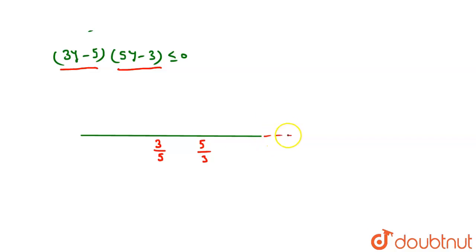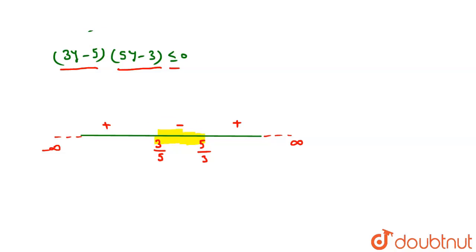Now this side is infinity, and here suppose this is minus infinity. From 5 by 3 to infinity, this is positive region, 3 by 5 to 5 by 3, this is negative region, and minus infinity to 3 by 5, this is positive region. Now here we can see that the inequality sign is less than or equal to, means we select the negative region.